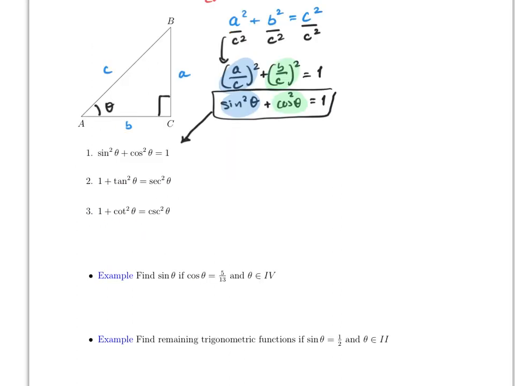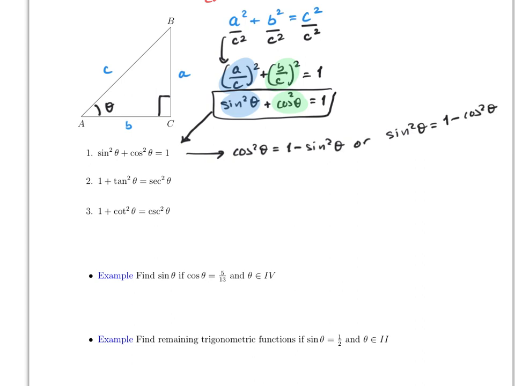Now, the thing that's going to be more useful besides memorizing these three identities is that you need to be able to recognize when they are written in a different way. So, for example, if you have sine squared plus cosine squared equals 1, notice that this is the exact same thing as saying cosine squared theta is equal to 1 minus sine squared theta, or sine squared theta is equal to 1 minus cosine squared theta.